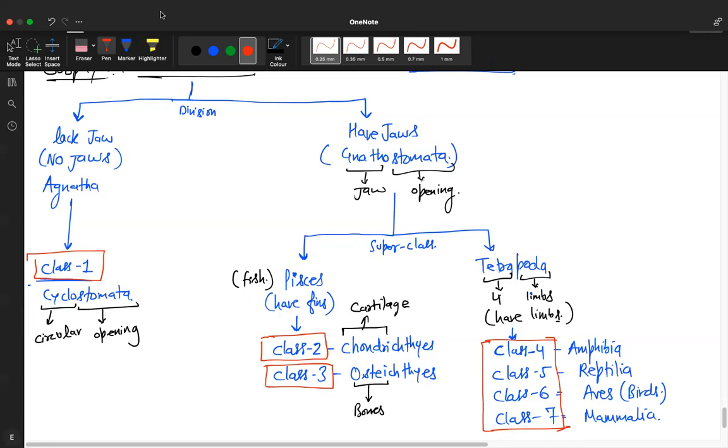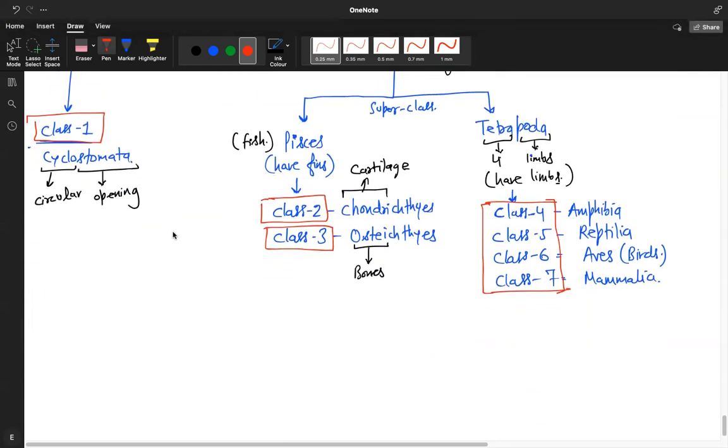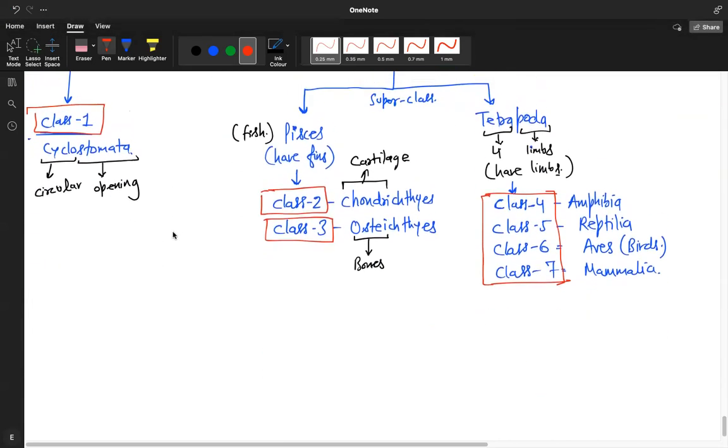Yeah. Now, with these classes, it becomes simple. For every class, we just have to study not more than 4 important points. Now, we know that they all are vertebrates. So no studying about their symmetry or their level of organization, whether they are triploblastic or acoelomate or not.